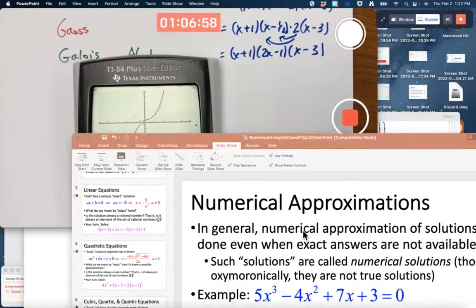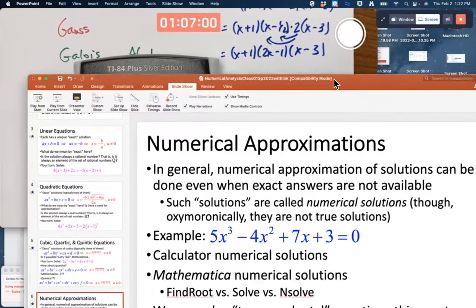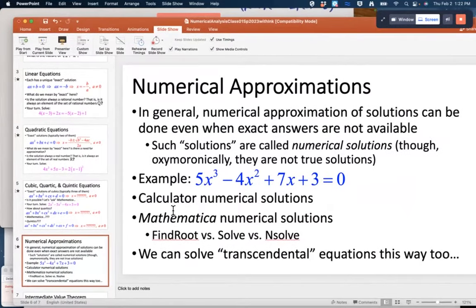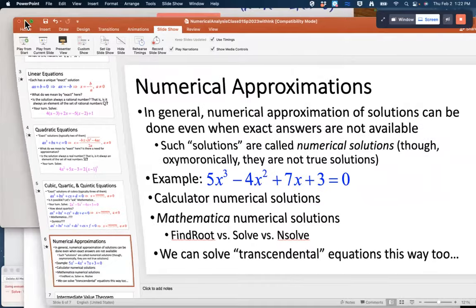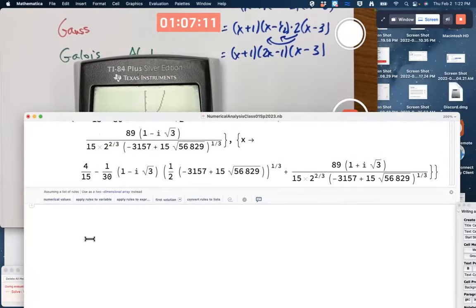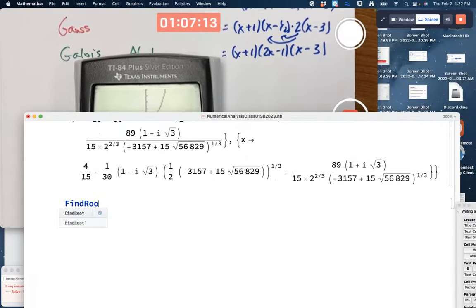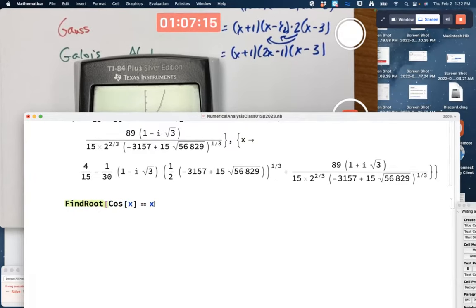We still got to do our proof. What's our proof? By the way, you can solve transcendental equations this way too, including with FindRoot. Well, especially in general with FindRoot. What's the approximate solution of the equation cosine of x equals x? You can't use the inverse cosine function to solve this symbolically, because if you try, you'll see you don't get anywhere.